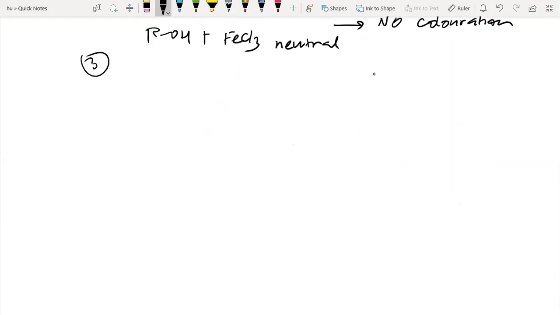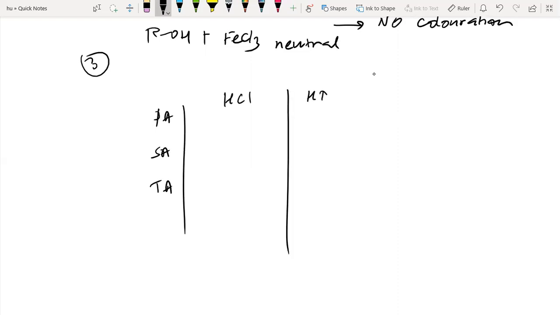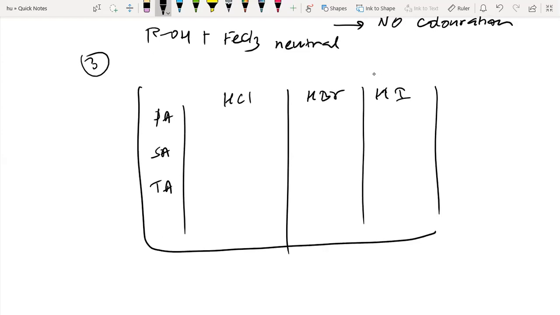For that, I'll show you one table here, and that will help you: primary alcohol, secondary alcohol, and tertiary alcohol. When they are reacted with HCl, or HBr, or HI, then what we write on the arrow, because different conditions are there.